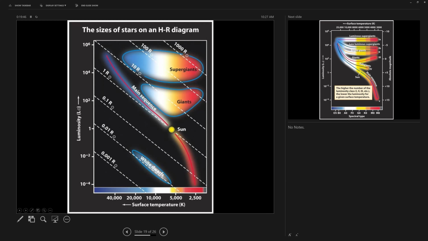White dwarfs are typically 1/10 or 100th the radius of the sun. And then you can move on up. Stars with 1,000 times the radius of the sun, supergiant stars. There are a few stars where if they were in our solar system, their surface would be beyond the orbit of Jupiter. That's just mind-bogglingly large.